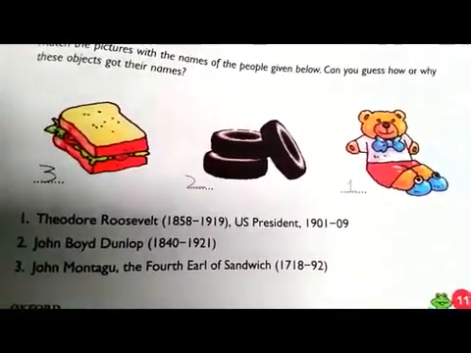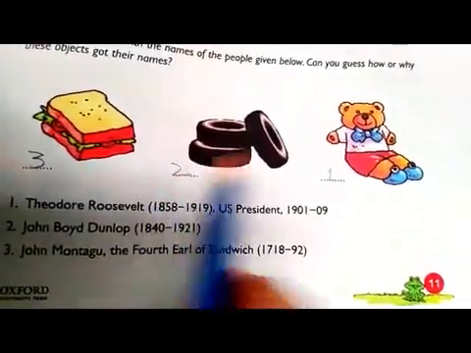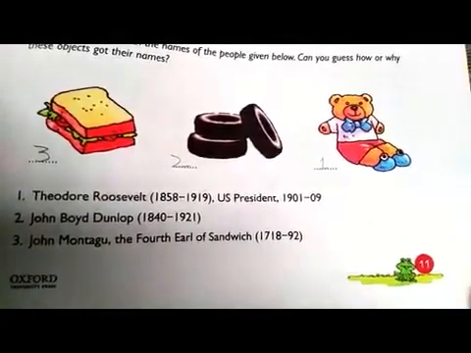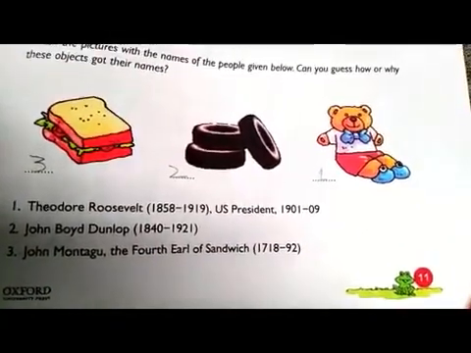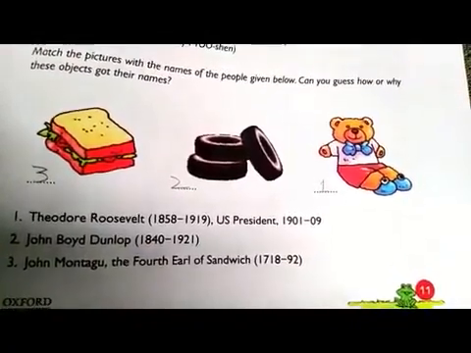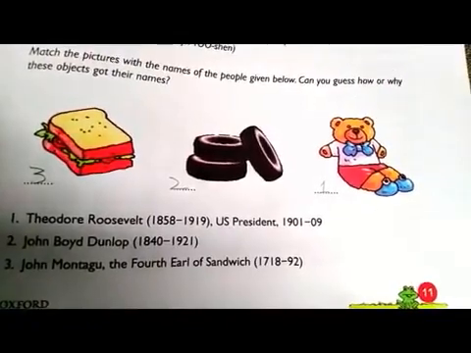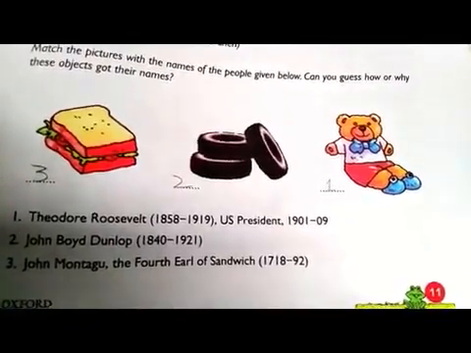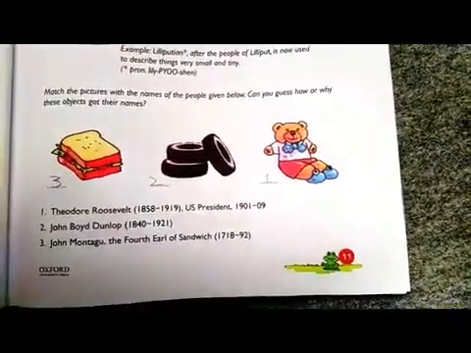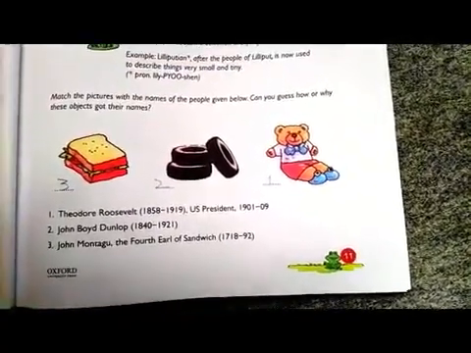After that, we have a sandwich. This is the last one, so we will write 2 over here. After that, we have John Montagu, the 4th Earl of Sandwich. They have given you the hint, sandwich. Why was he named Sandwich? As the story goes, according to some people, he was playing cards and did not want to leave the gaming table to eat.